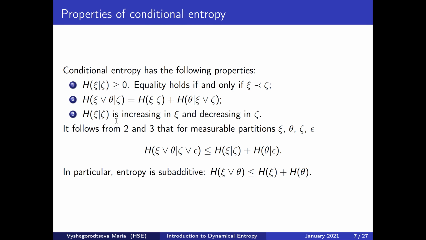And from these two properties, we can derive that entropy is a subadditive function. To do this, we firstly achieve the following inequality, which is very easy to check. We firstly apply the second property, and then we see that the union of two partitions is greater or equal than each part of this partition, and therefore we achieve this result.